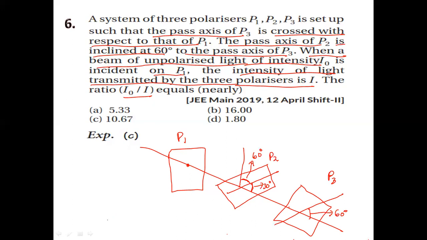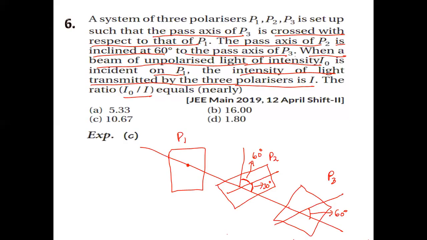Fine. So I can say that initially we are having unpolarized light. According to Malus law, for unpolarized light, I1 is equal to I0 by 2 cos square theta, right? Unpolarized light has an intensity, they gave I0.